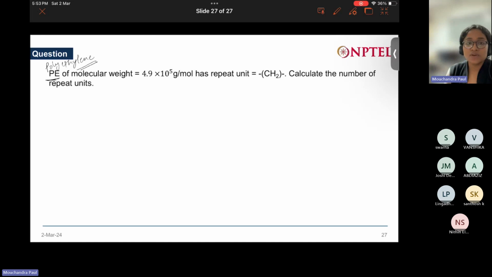PE stands for polyethylene. It is given that the molecular weight of PE is 4.9 times 10 to the power 5 gram per mole, and it has a repeating unit of CH2. You just have to calculate how many repeating units there will be. It's very simple. First we have to calculate the molecular weight of this repeating unit.